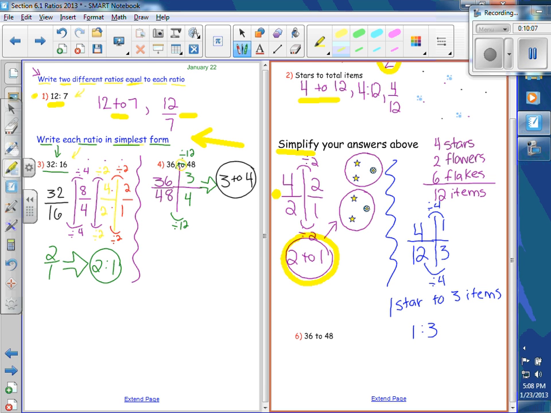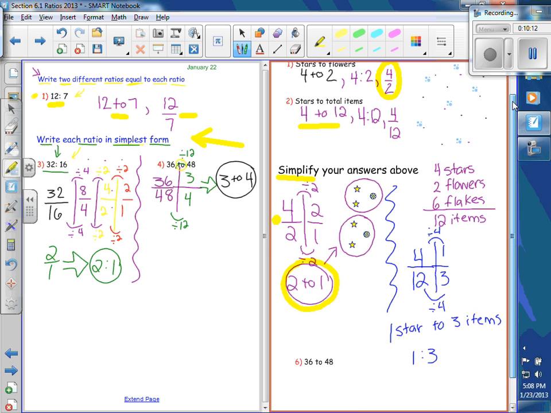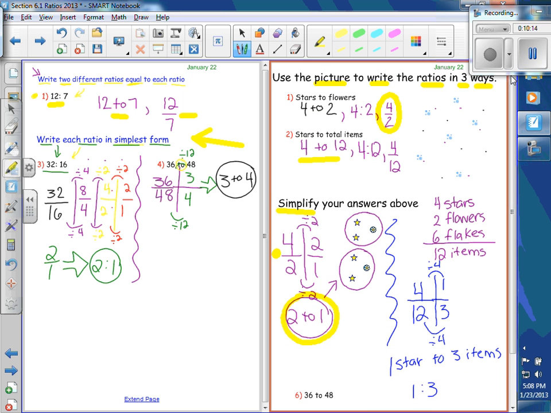And then, if there's a picture involved, you want to make sure you read the directions carefully. Remember, all of these items were up here originally. If there's a picture involved, you have to make sure that you take the time to count all the items carefully so you can answer questions like number 2.